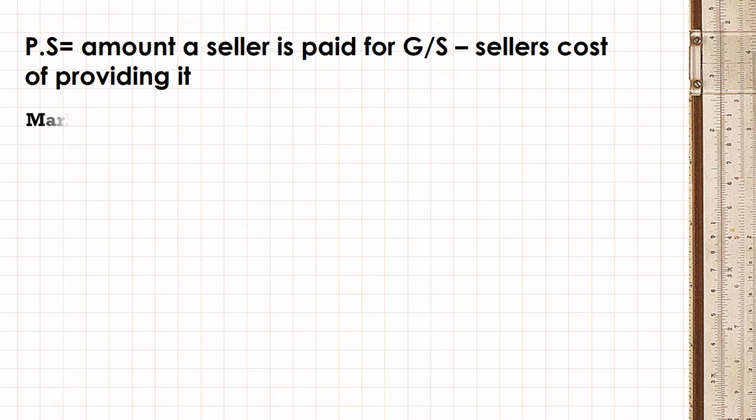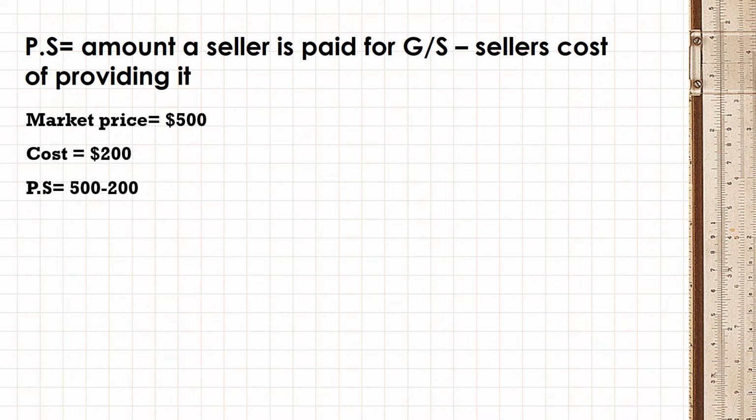Calculating producer surplus is very simple, like consumer surplus. You're aware of the formula, you need to know the values, and you just plug the values into the formula. So, suppose that you're a seller and you made a commodity, or maybe you decided that you will not provide your services below $200.